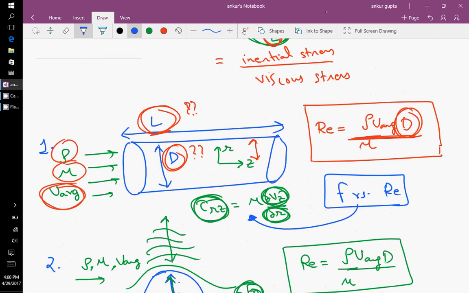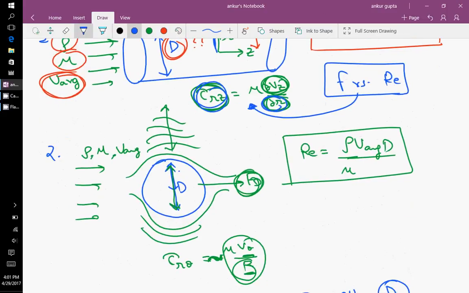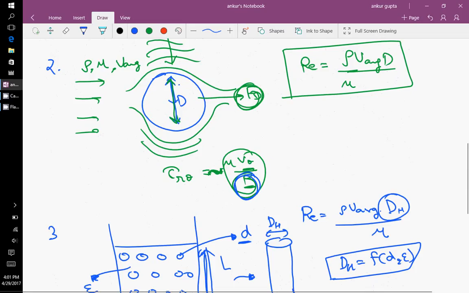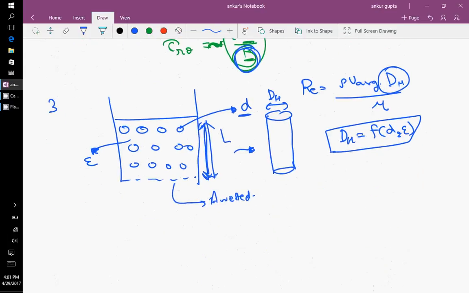That is where the stress which is important is tau rz. So the delta r is diameter, that is why it's important. Similarly here it is tau r theta, and there also the length scale is correctly the diameter of this sphere. And then packed bed is basically the same as pipe flow because we just changed the system into a pipe flow with the equivalent hydraulic diameter.